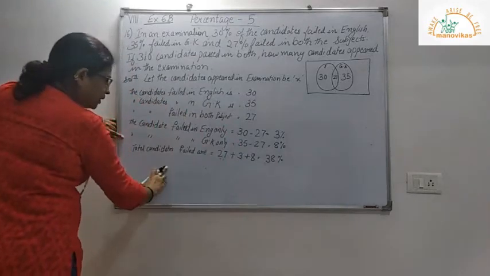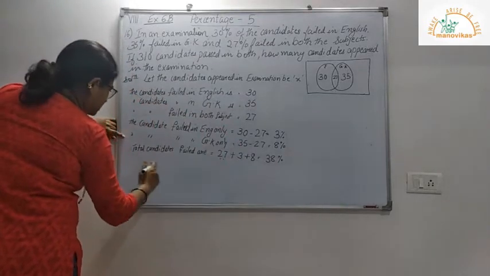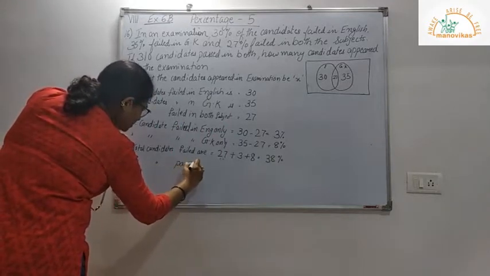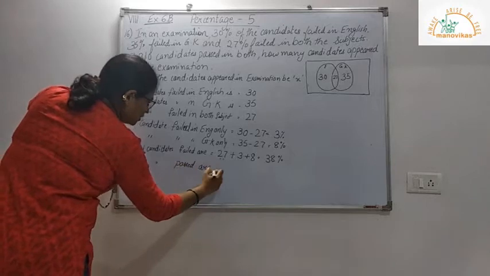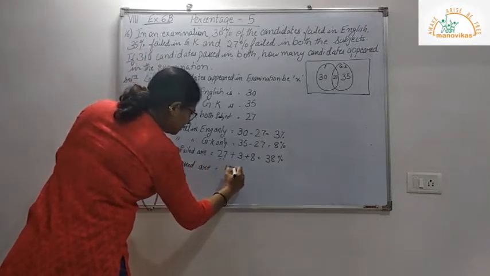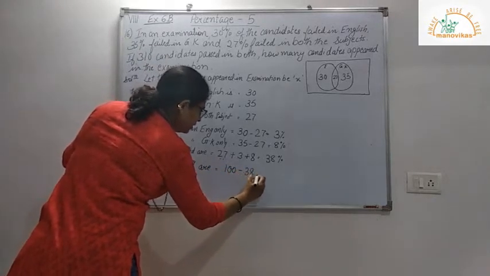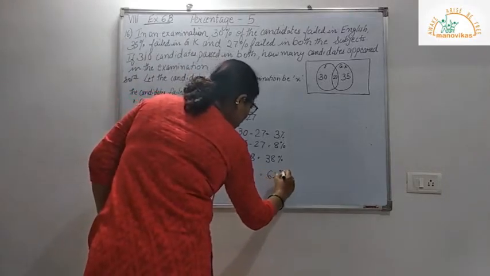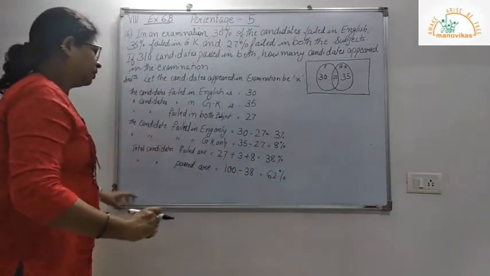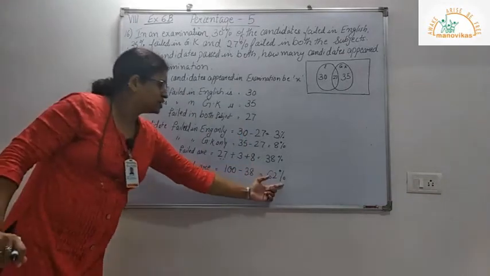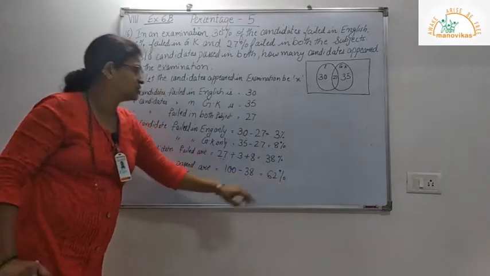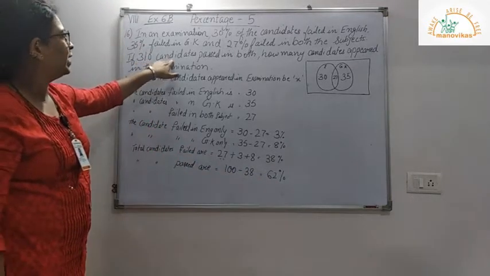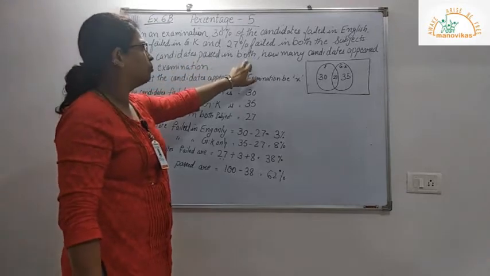Now the total candidates who have passed are 100 minus 38, which comes to 62%, right? But these passed candidates, that is 62%, is given as 310 candidates passed in both.